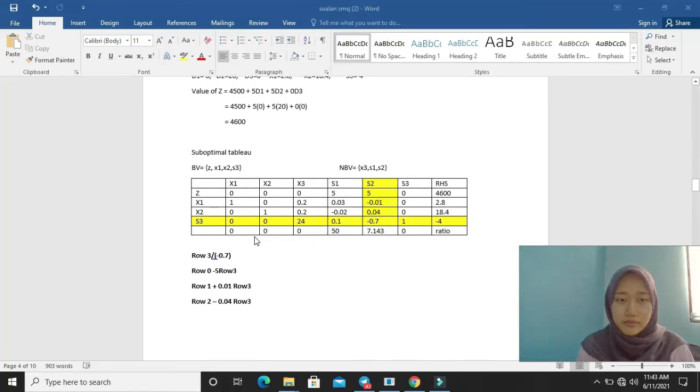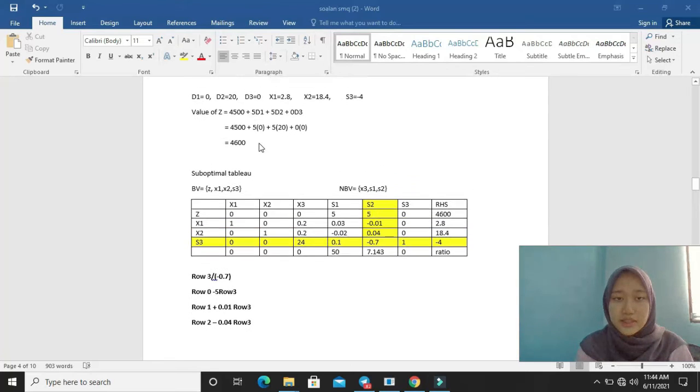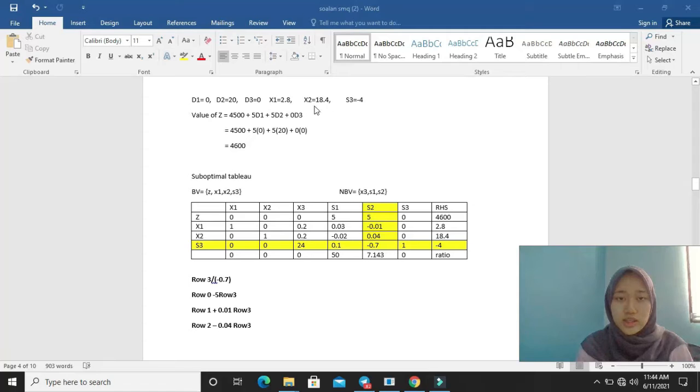The BVs are z, x1, x2, and s3, and the NBVs are x3, s1, and s2. So we substitute the values of z, x1, x2, s3 as the right hand side: 4600, 2.8, 18.4, and negative 4, all from the previous table.